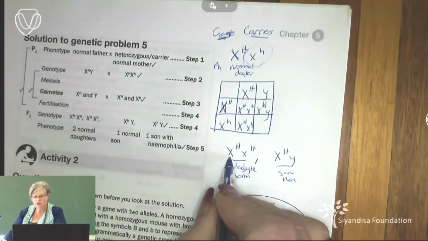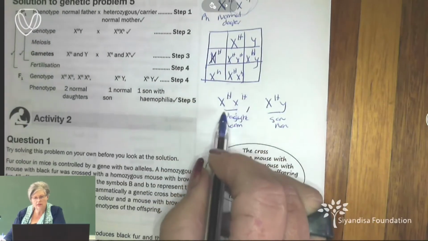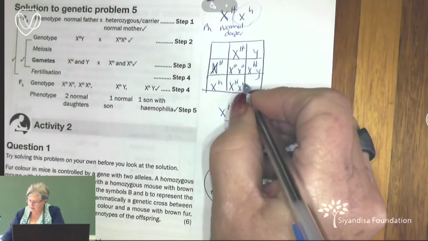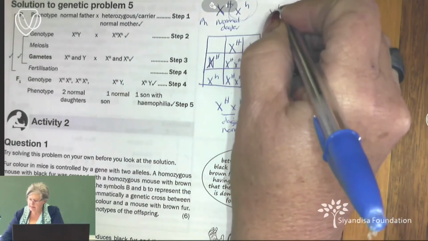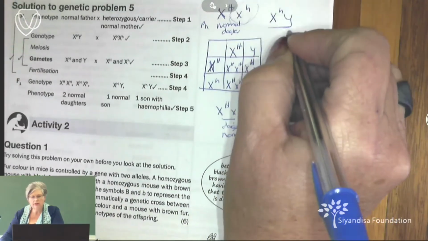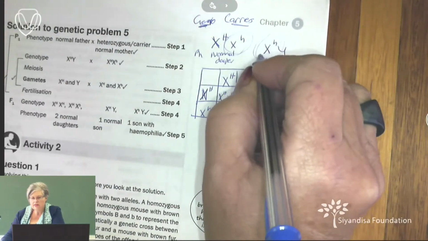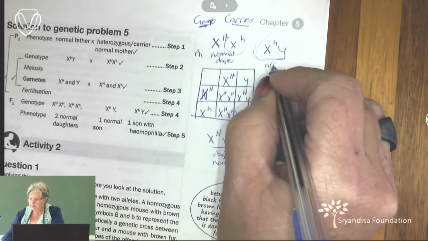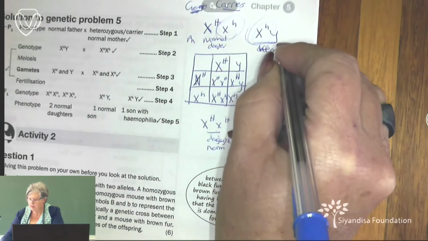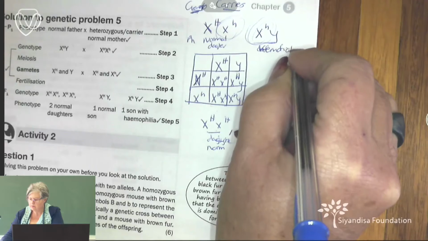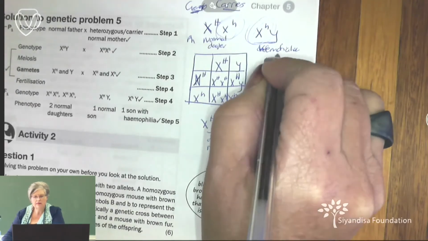But the moment I ask you the phenotype, it's normal. You say it's a normal daughter. And then the last one will be this one, Xh and Y. There's nothing else, so this one will be affected. We know it's for hemophilia, so we will say it's a hemophiliac male.